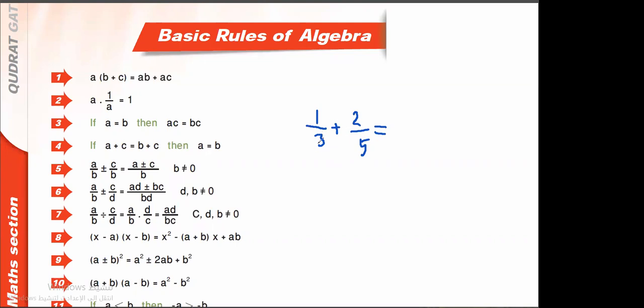So what I will do now here, can I add directly? Right, now what I will do here, 1/3 plus 2/5. I can't add directly. So now I put the denominator the same, right?